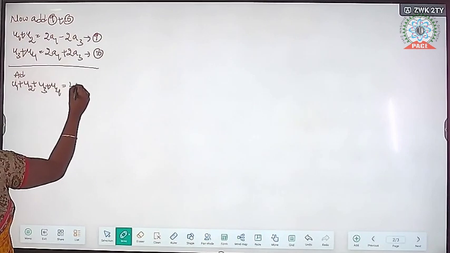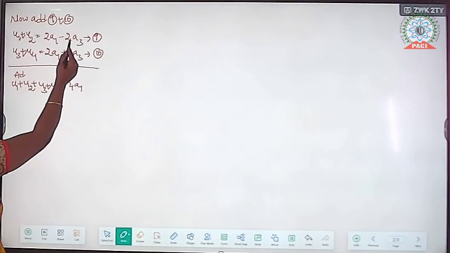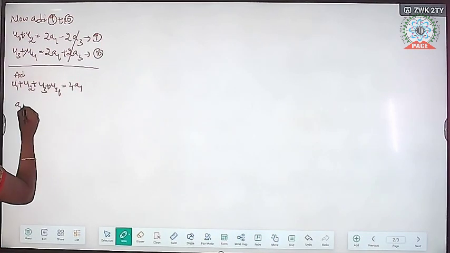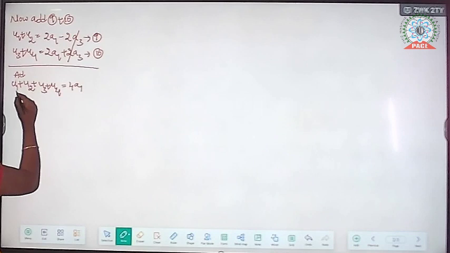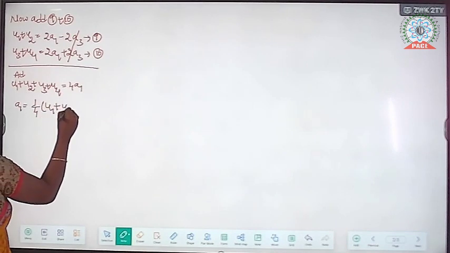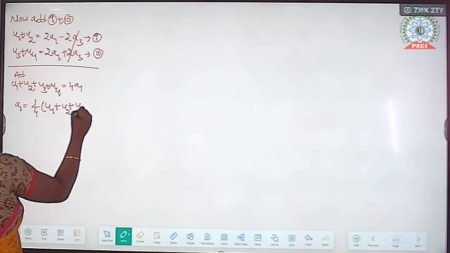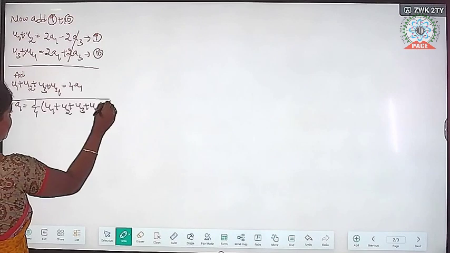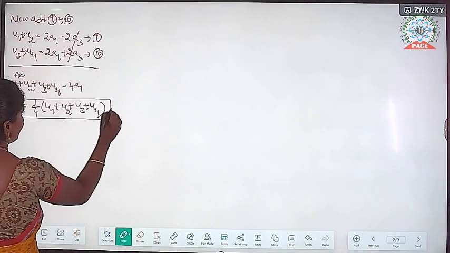Next minus 2a3 plus 2a3 cancel. So a1 is equal to 1 by 4 into u1 plus u2 plus u3 plus u4. This is the a1 coefficient equation by adding 9 and 10. This is the 11th equation.